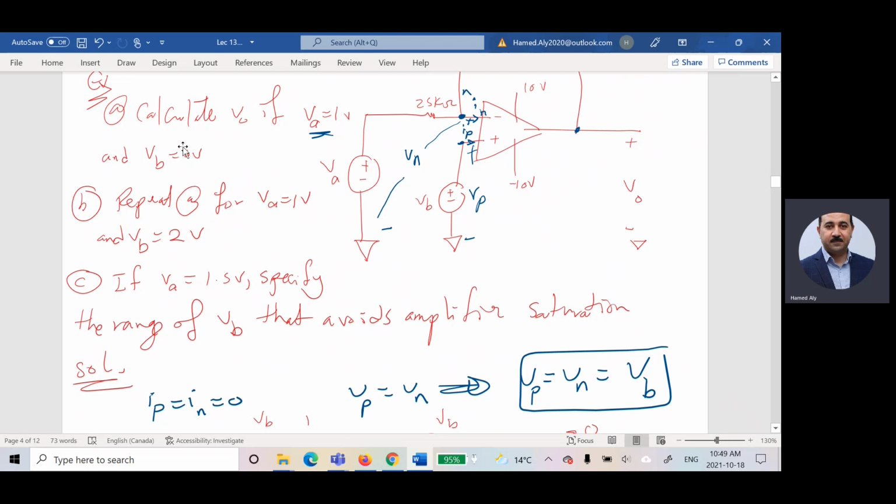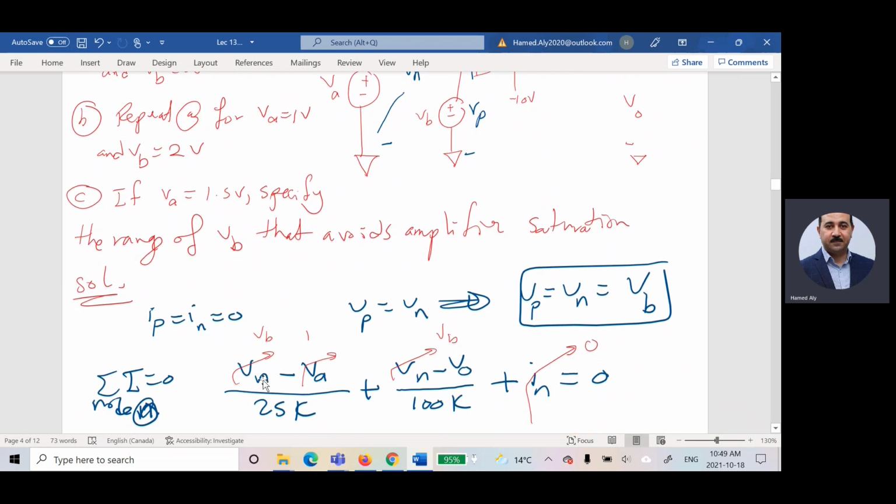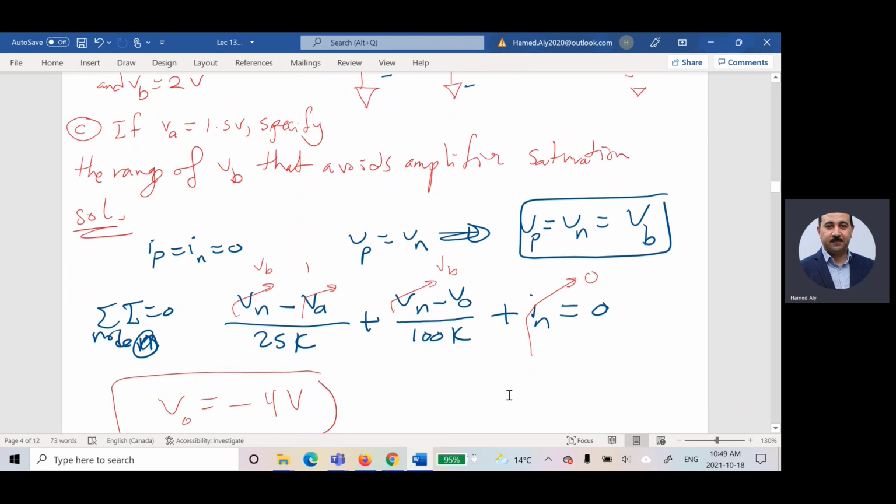And VA is equal to 1, and IN is equal to 0. Then I have only one equation and one unknown, which is VO. I can solve that equation and find the value of VO.